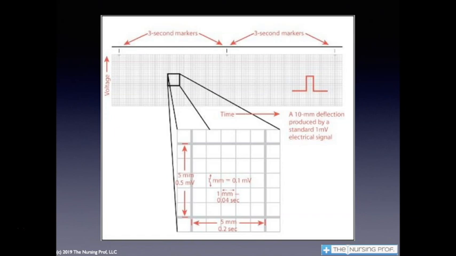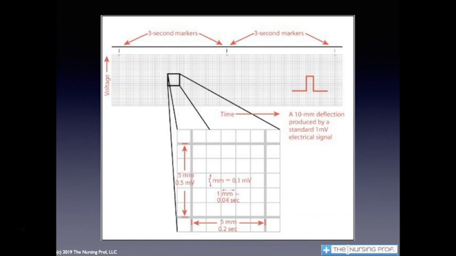Once we have some electrical activity, we're going to put that electrical activity onto a graph. Now, this graph comes out of your EKG machine at a regular rate. The complexes that show up on your EKG machine, if you're looking at it on the screen, are showing up at a regular rate, as if it's printing out on paper.